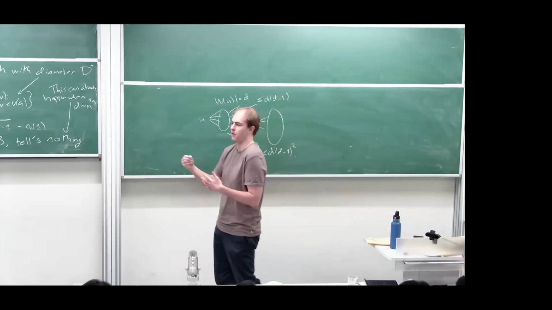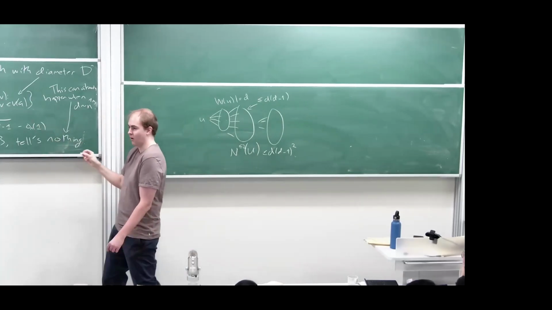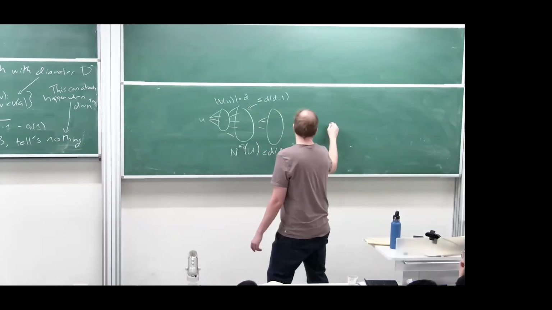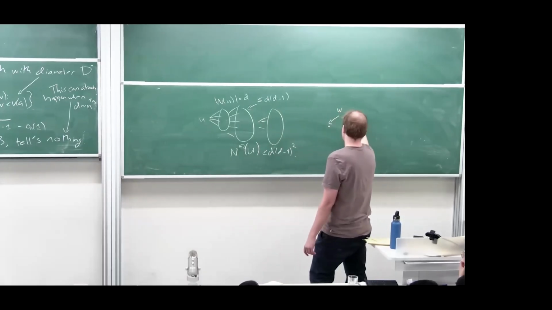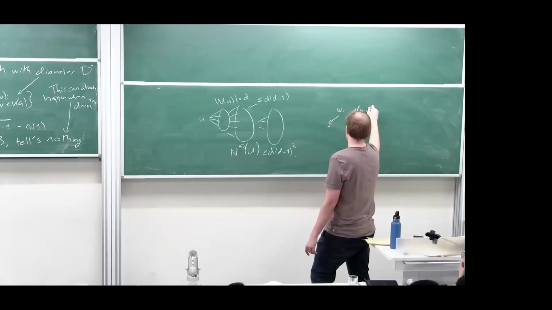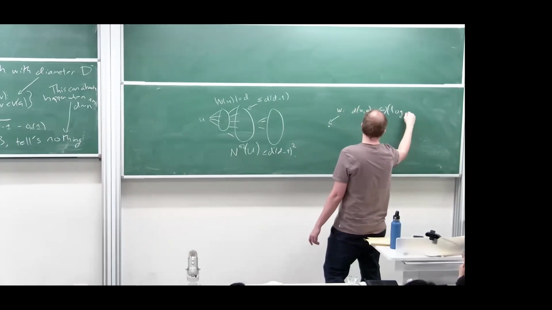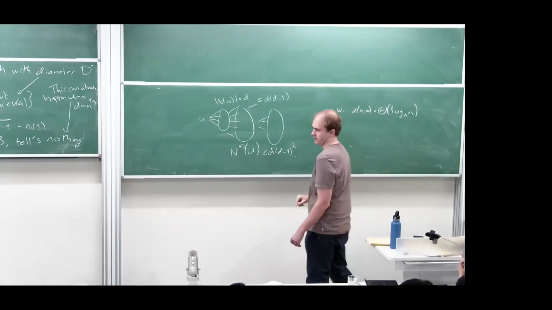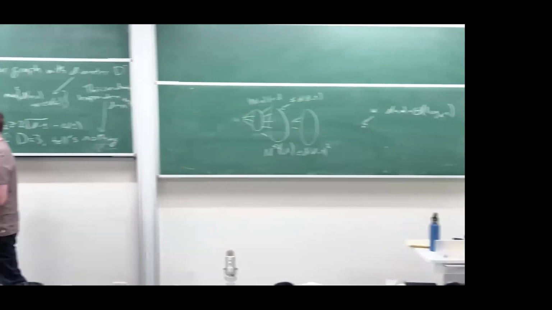So basically the point is, if d is constant, then we know that somewhere there's a w whose distance from u is roughly logarithmic. So we know that this diameter is going to be large.